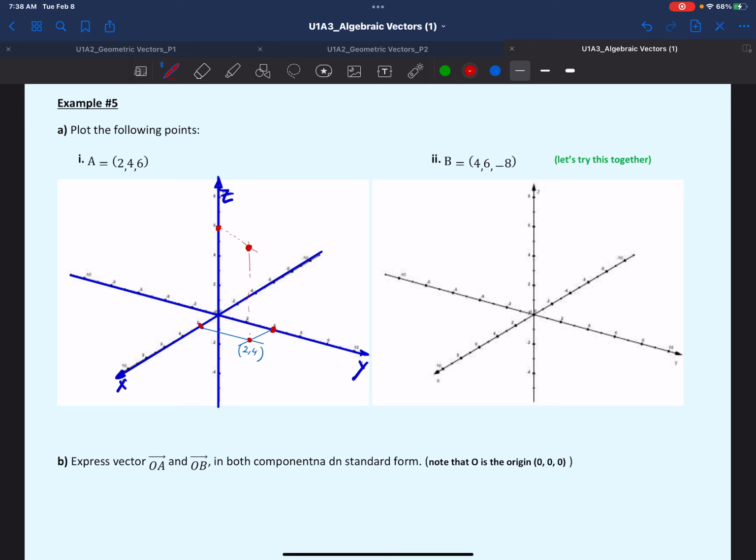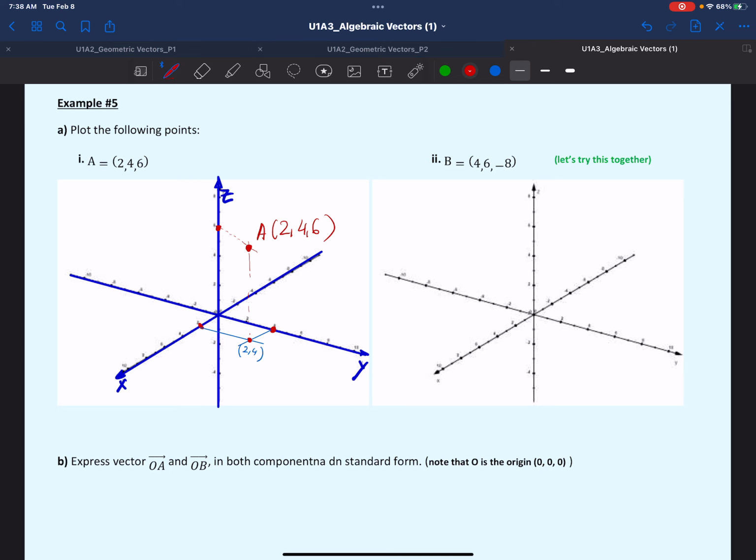With the y-axis, with the whole thing actually here. Okay, so we make sure that we are rising 6 units up. And this will be the point A, 2, 4, and 6. Now you can try the next one independently if you want.